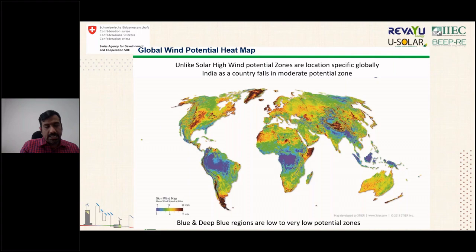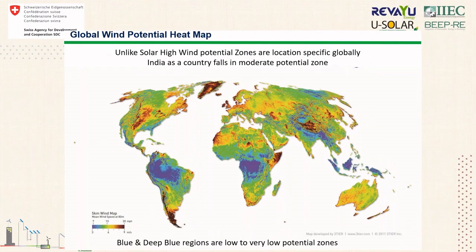In this heat map, you can see the blue parts. These blue regions are the low potential regions, the deep blue ones are least potential, light blue ones are low potential, and these green are moderate potential zones, and yellow is good, and red are extremely high potential zones for wind.